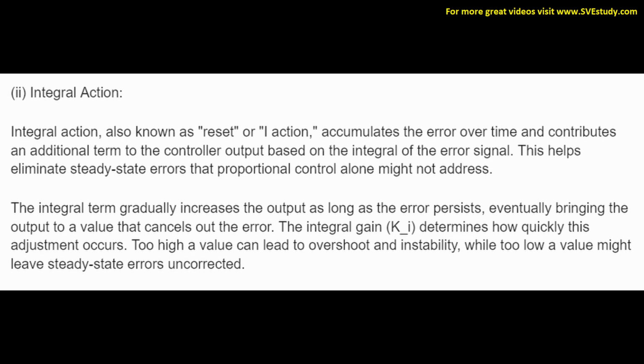The integral term gradually increases the output as long as the error persists, eventually bringing the output to a value that cancels out the error. The integral gain, Ki, determines how quickly this adjustment occurs. Too high a value can lead to overshoot and instability, while too low a value might leave steady-state errors uncorrected.